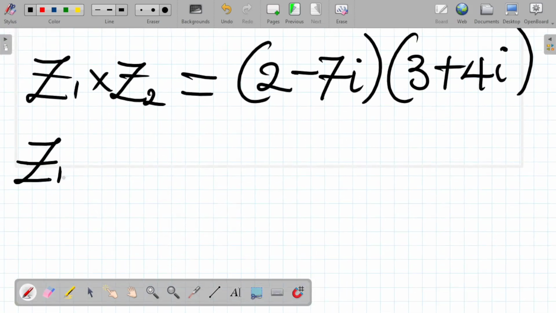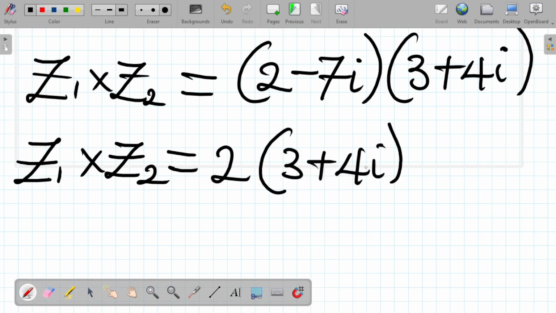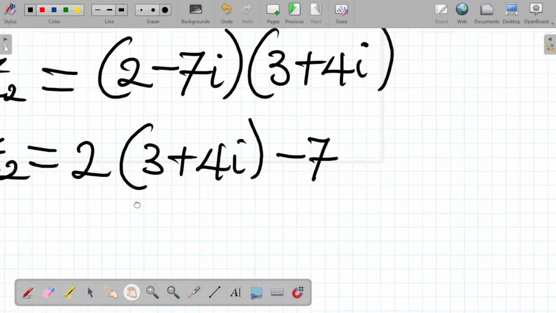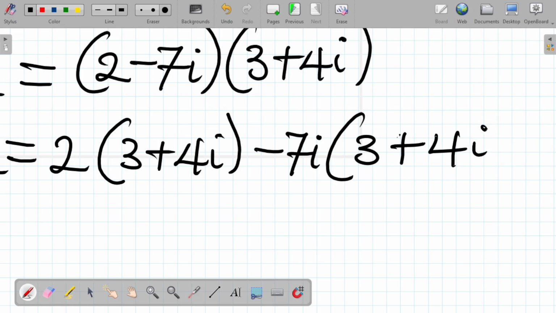So z1 multiplied by z2 is equal to, now let's open up the brackets. We'll use each of the terms in the first bracket to multiply the second bracket. So here we have 2 open bracket 3 plus 4i, and then minus 7i open bracket 3 plus 4i.